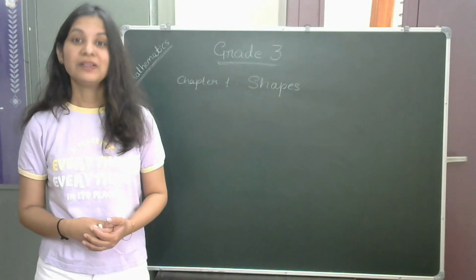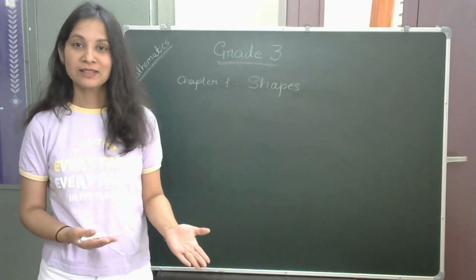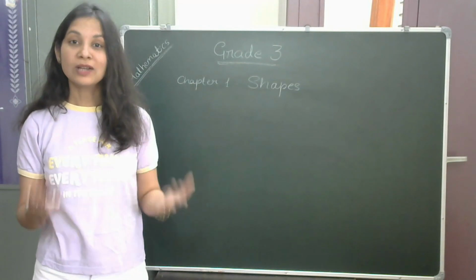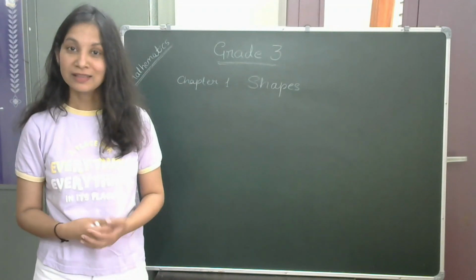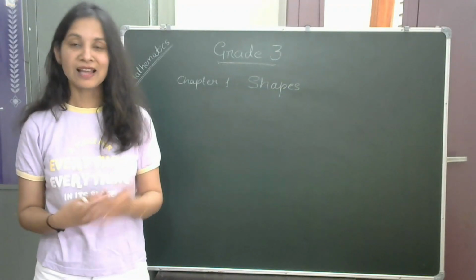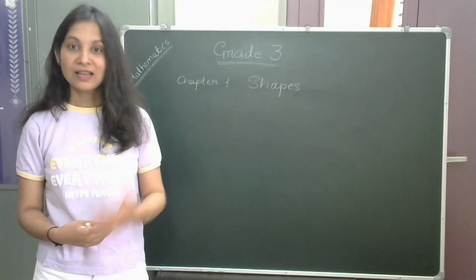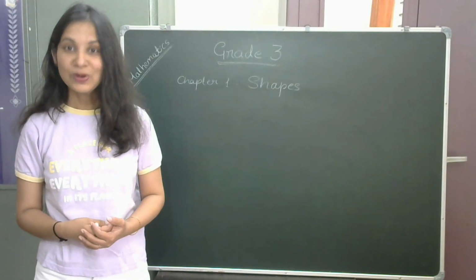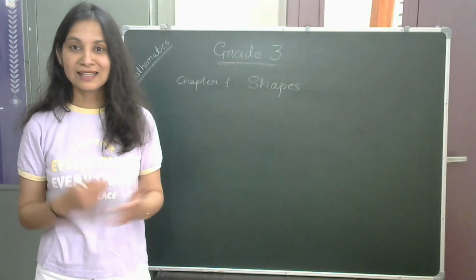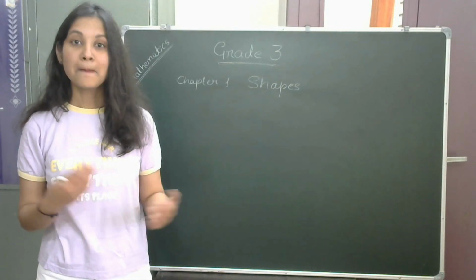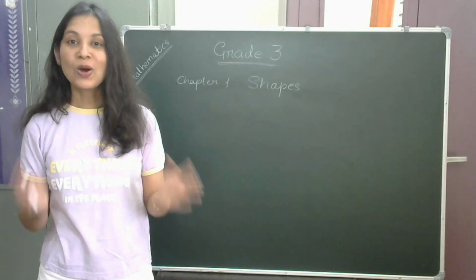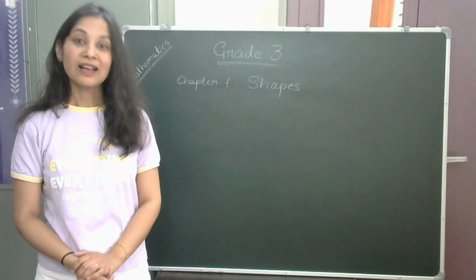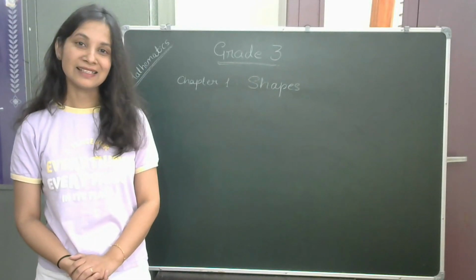In shapes, we are going to learn 2D shapes, 3D shapes, how to draw them, and what are the examples for those shapes that you can see in your daily life, as well as curved lines, straight lines, and also we are learning about tangram and maps. So there are a lot of things to learn. So let us not wait. We'll start with curved lines and straight lines.